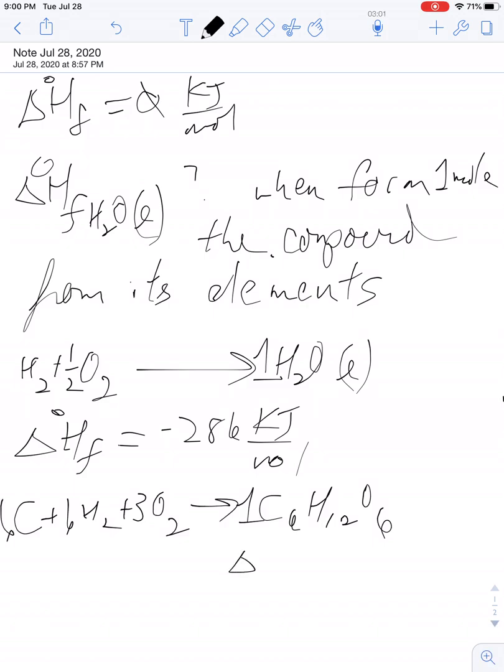And then you could look up the delta H of formation of sugar, solid sugar, and it would be negative 1275 kilojoules per mole. Okay? So how about an entire reaction?